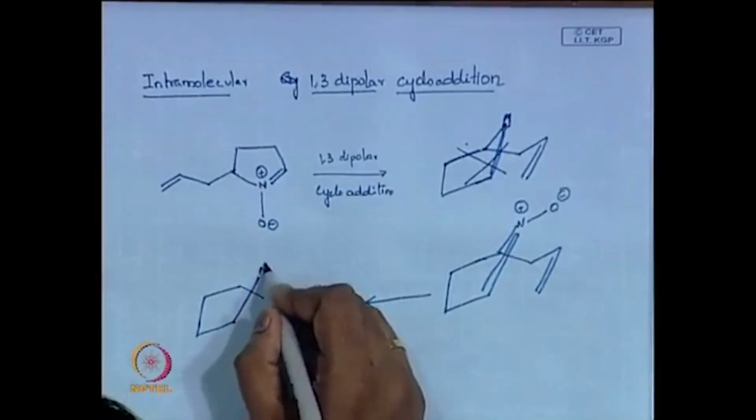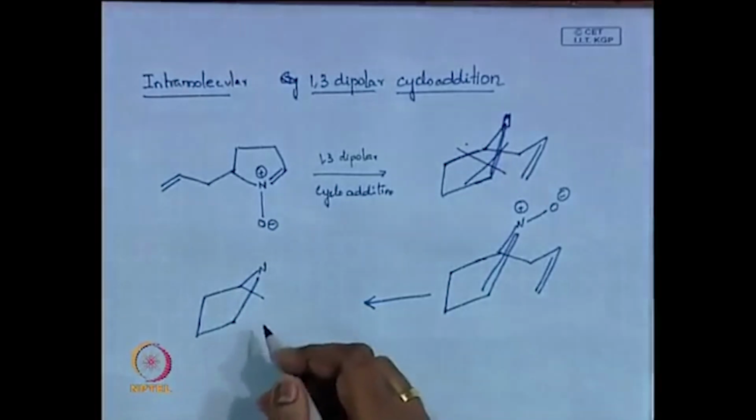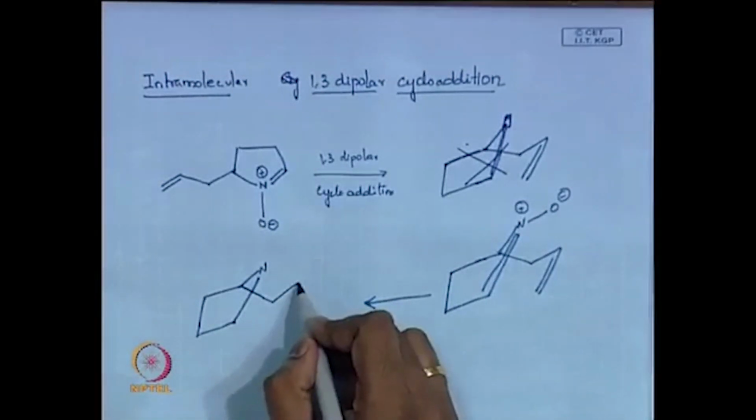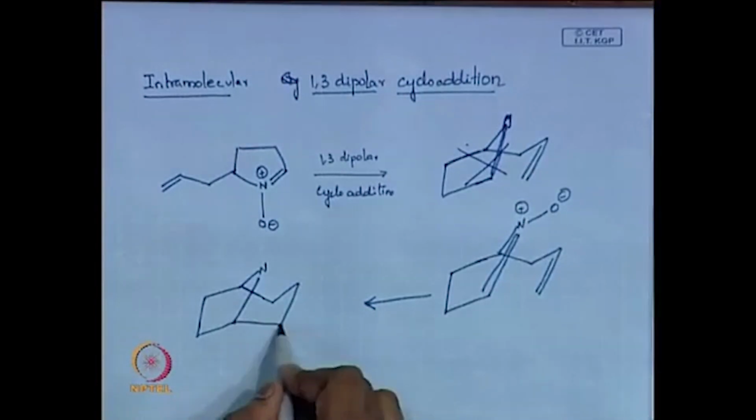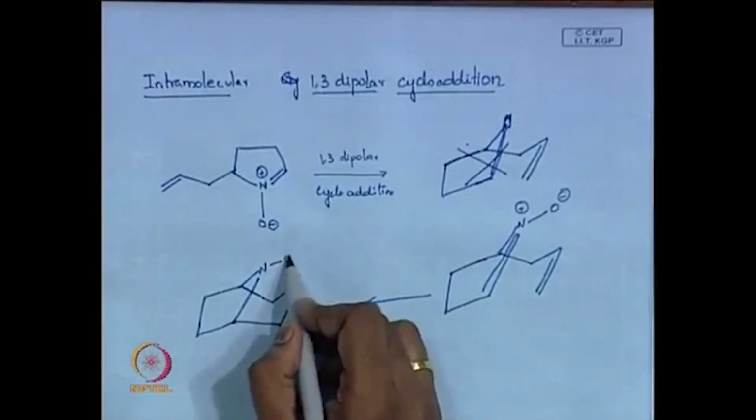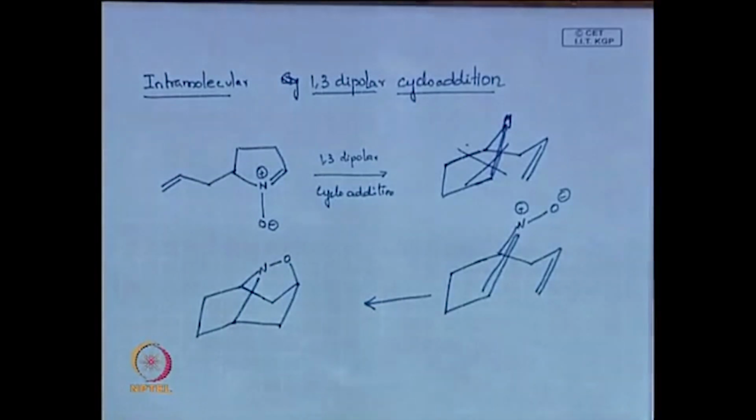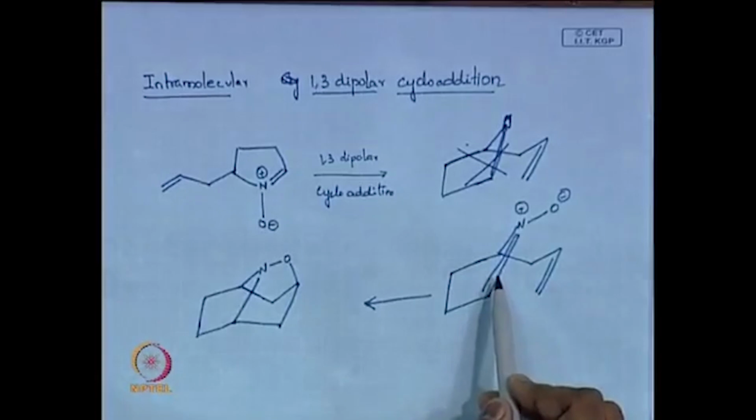I can write my nitrogen with this, and then I can write this with my oxygen. So, you get this product. This is your intramolecular 1,3 dipolar cycloaddition reaction. So, it is only the way you write it.